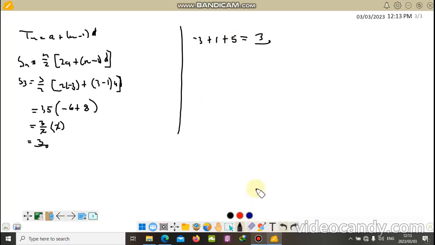So that is why it's wise to use this formula, because it relates the general formula to the sequence. Here you can just substitute 100 for n and find the sum of the first 100 terms. So here the sum of the first 3 terms is equal to 3. I hope this makes sense, guys.